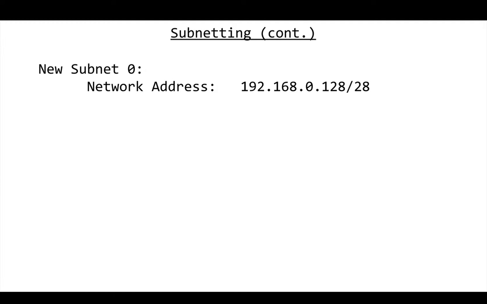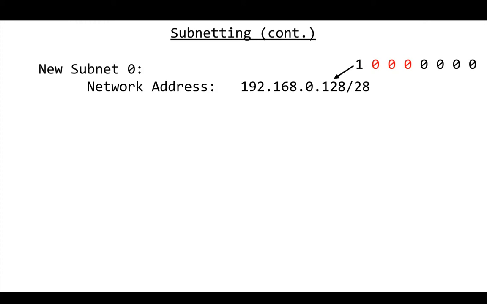So looking at this a little further, our new subnet is going to have a network address of 128. That's the original value that we started with, but notice that the subnet mask that we started with was a /25, and now we had to make that a /28 because of the 3 bits we borrowed.